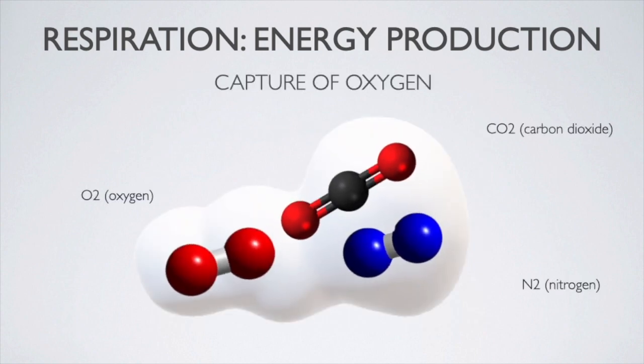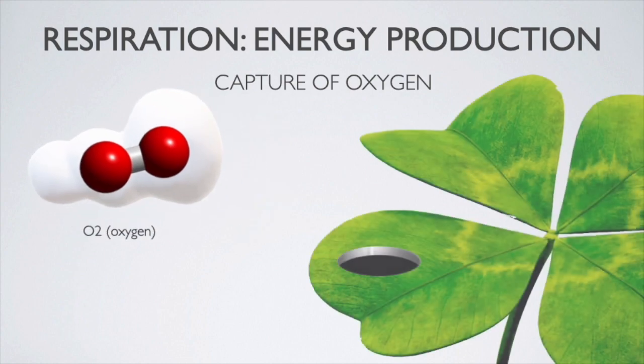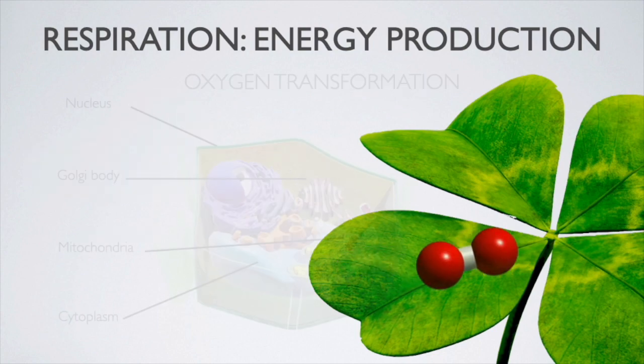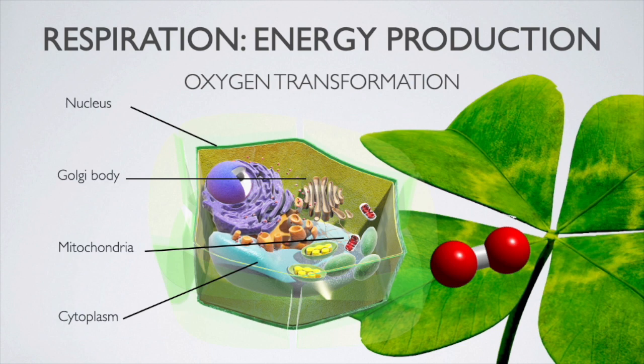It is one of the gases present in the atmosphere. The plant can capture oxygen from the atmosphere through the small holes on the surface of its leaves, called stomata. After being gulped up by the stomata, oxygen is transported to cells.